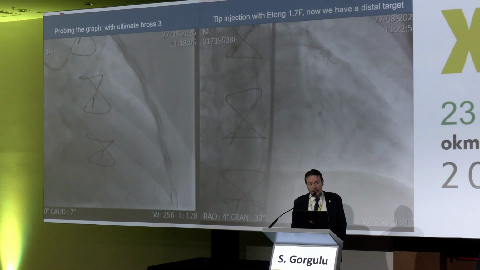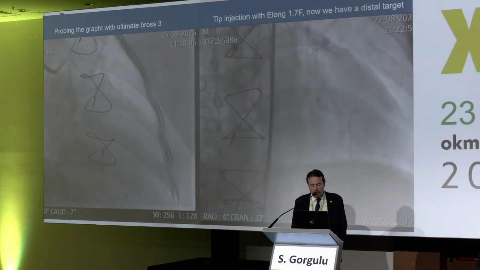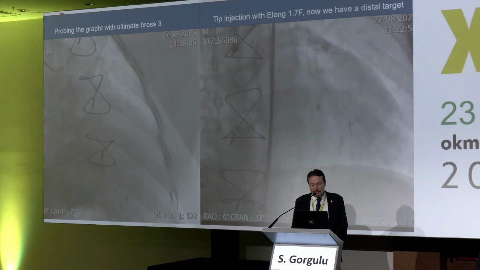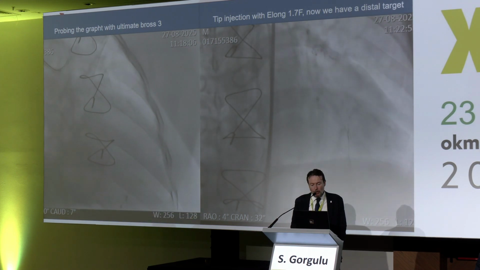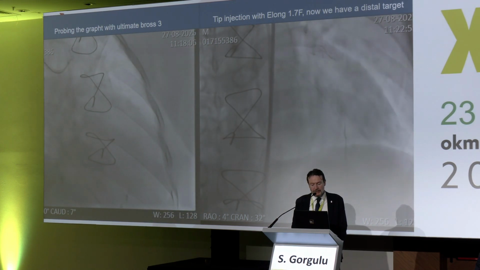I said, okay, let's probe for a saphenous graft. And it was not that difficult to probe into the saphenous graft here. We went in with an Ultimate Bros. And then here we did a tip injection. And then it was a retroflex connection from the mid-LAD towards the distal cap here.